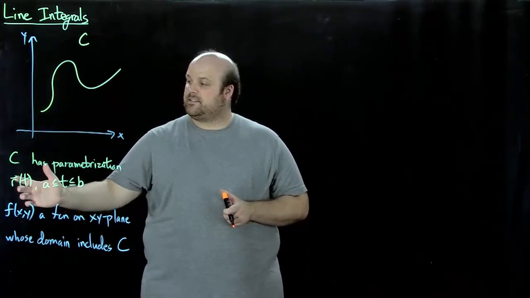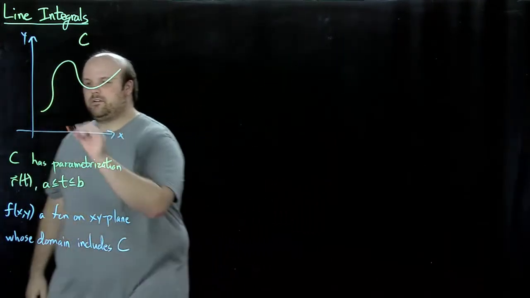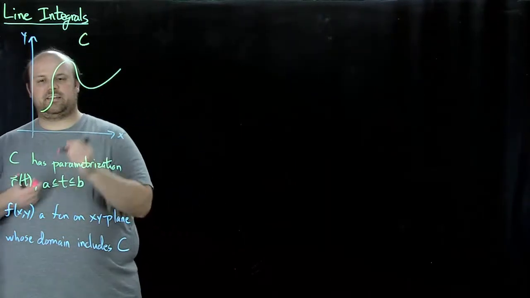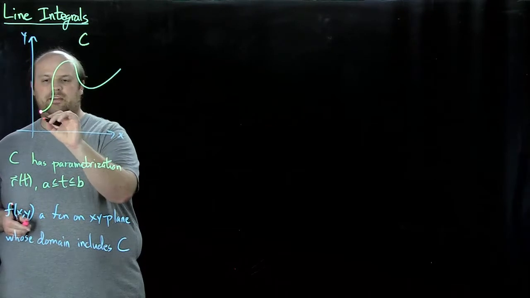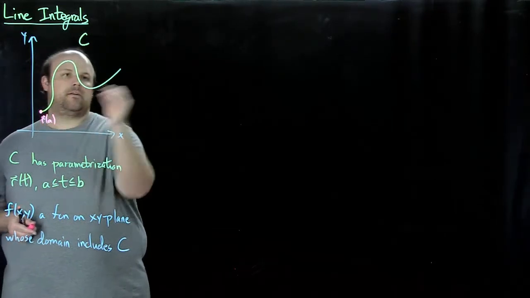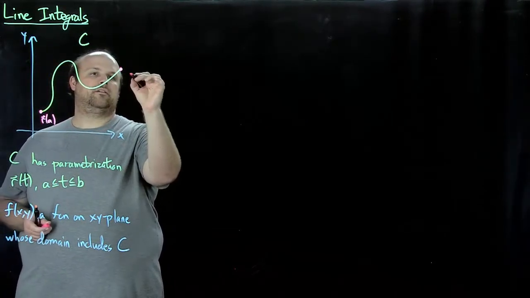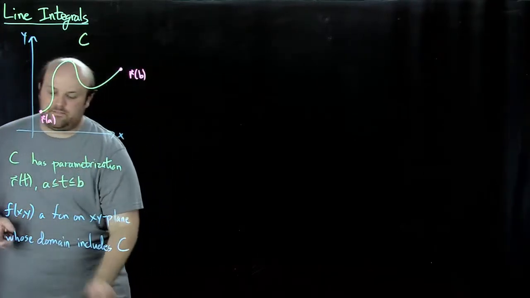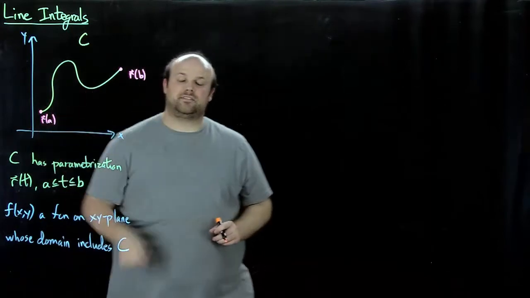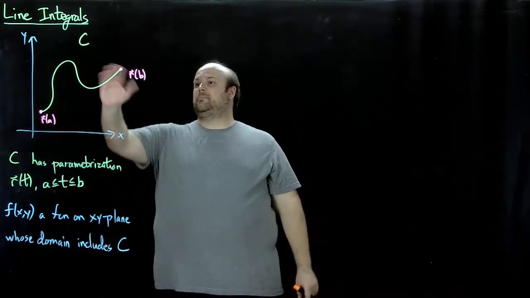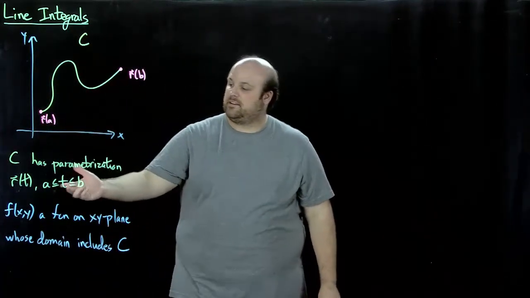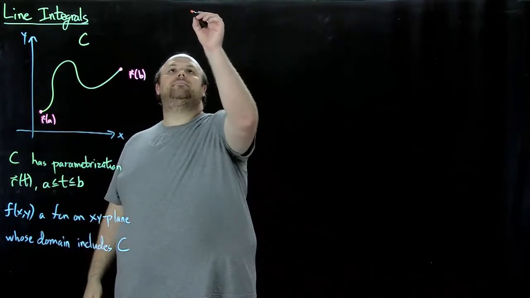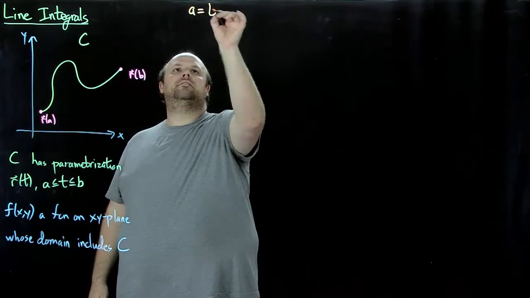And since r of t tells us points along the curve here, let's say down here we have r of a, and up here we have r of b, right? The function r tells us how to move along this curve. So to subdivide the curve, we can just subdivide the domain of r, right? So what do I mean by that? I mean do something like this.